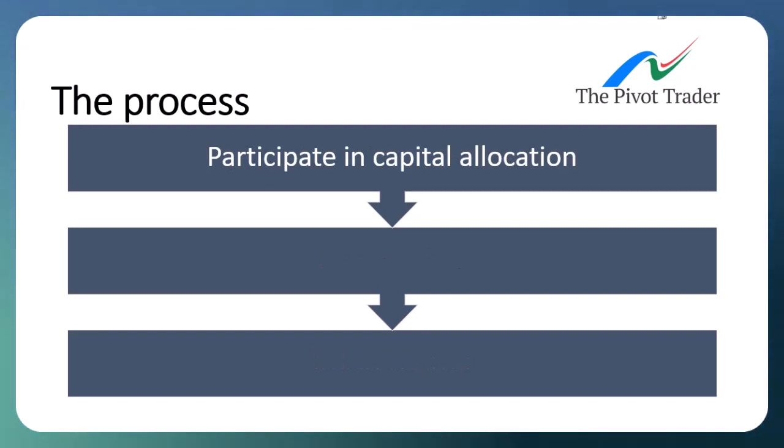At some stage, you will participate in a capital allocation program. So once you get trading, those that are at the top end in terms of results will actually be allocated capital. Now it is virtual capital at this stage, but it's still very important to consider what you're actually getting here.